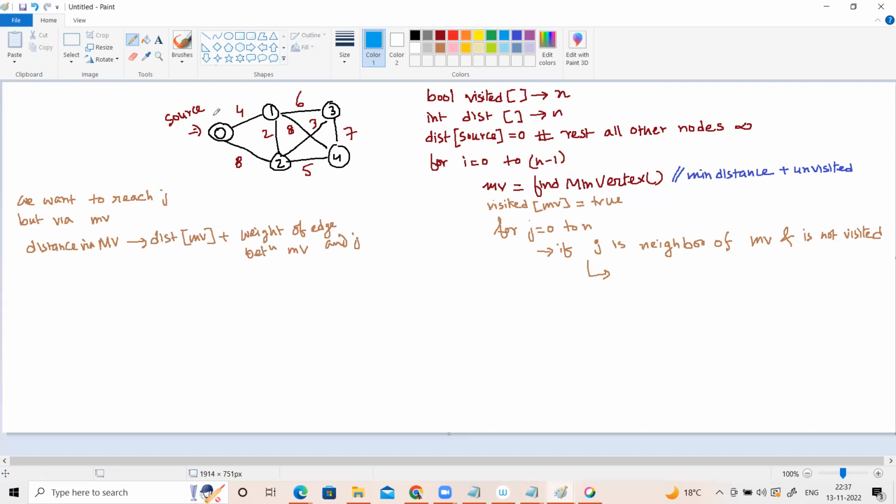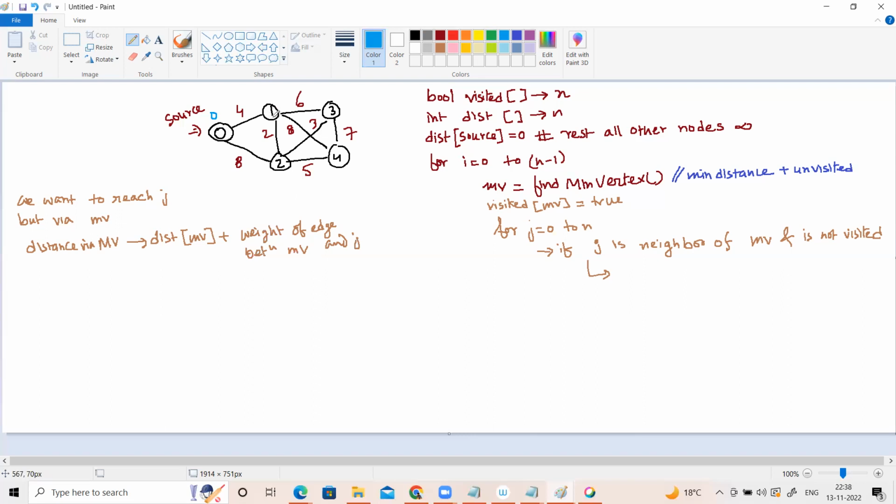If I explain this, dist MV will give us 0, because that is stored in dist source equal to 0, and from the very beginning this is our MV, right? So dist MV is going to be 0. So 0 plus the weight of the edge between MV, here it is 0, to J.